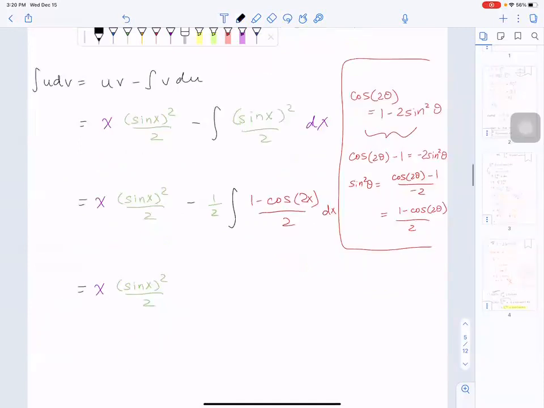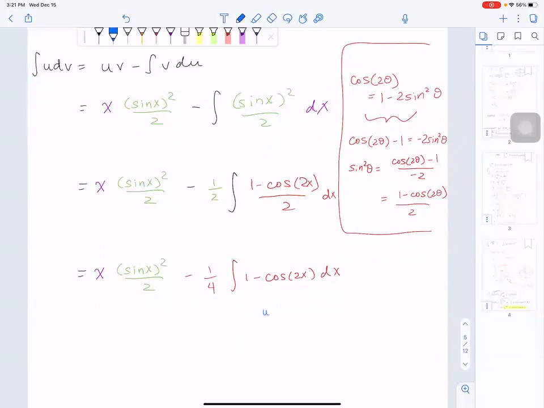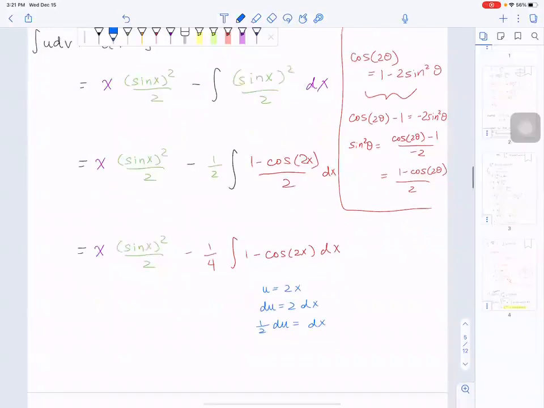Now we have the integral of, I'm also going to take this 1/2 and move it out so that we have a minus 1/4 of this integral, 1 minus cosine 2x dx. Because this is just this whole thing times 1/2. So I'm taking that scalar out, so it's 1/4. Now let's focus on this integral. So I said, let's try u substitution. We choose u equals 2x, so du equals 2 dx, or 1/2 du equals dx.